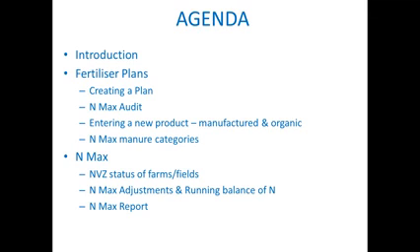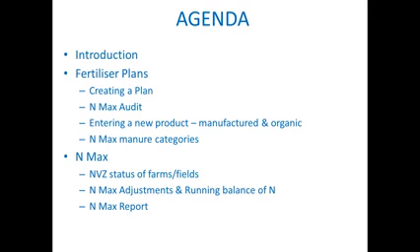Okay, so to move on to what we're going to cover in CropWalker, first of all we'll look at fertiliser plans, beginning with how to create a plan, and then the NMAX audit process that follows on from making a plan.